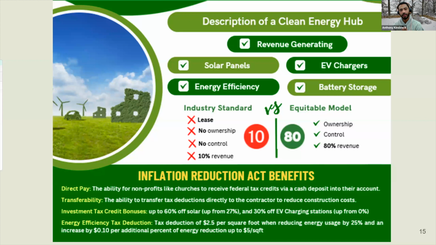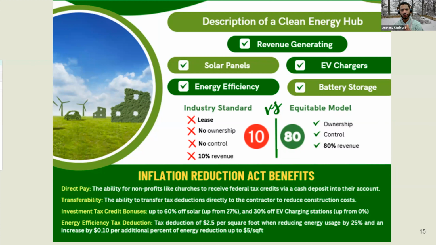In this clean energy hub, there's going to be electrification of the building, energy efficiency, but also solar panels on the roof and the parking lot, and EV charging stations at the site. And we're targeting areas that were historically redlined because these are the places that need this infrastructure and can't afford it themselves.